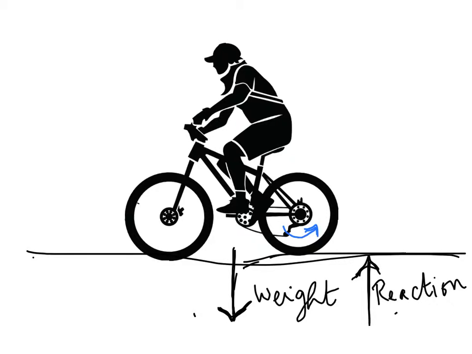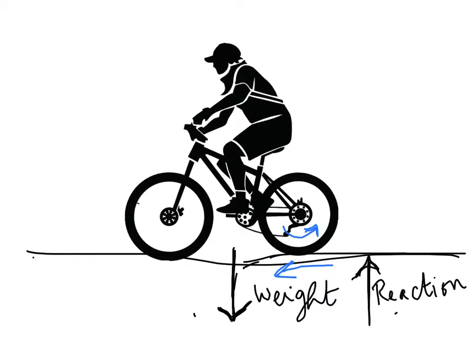Okay, and we know the friction force is always going to be opposite to the direction of movement. So in this case the wheel is moving backward, which is that way. So that means the friction between the wheel and the floor is going to be in the opposite direction, which is that way.